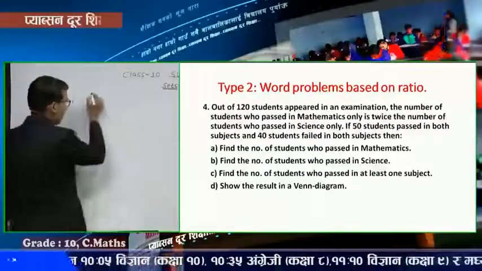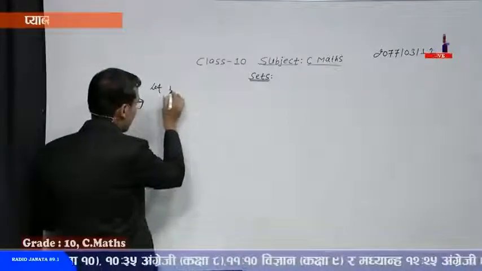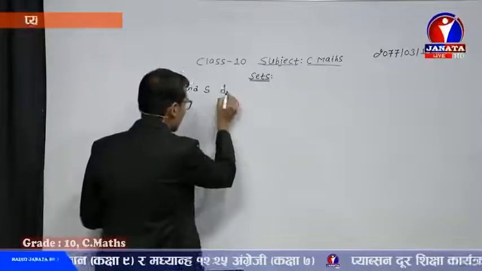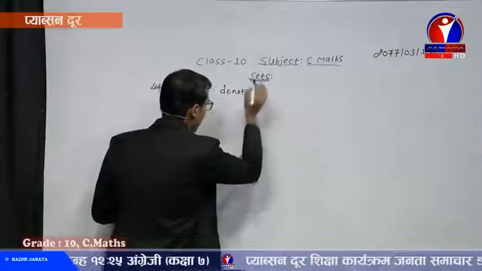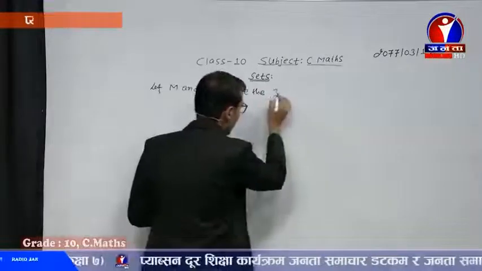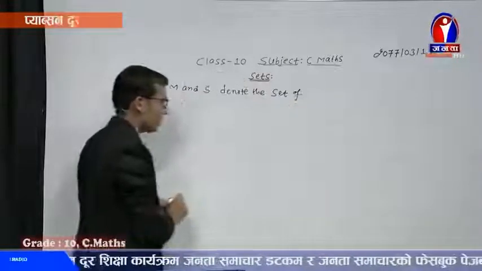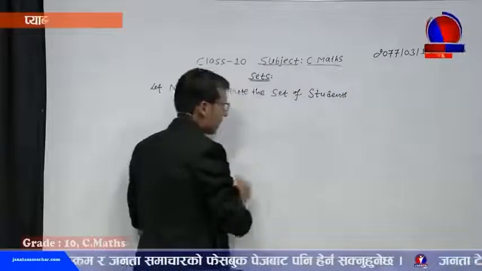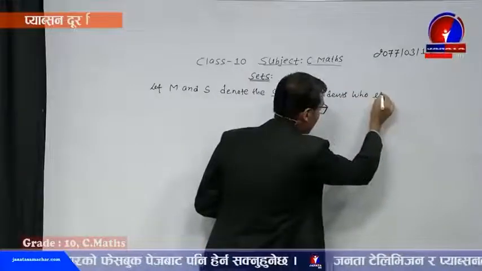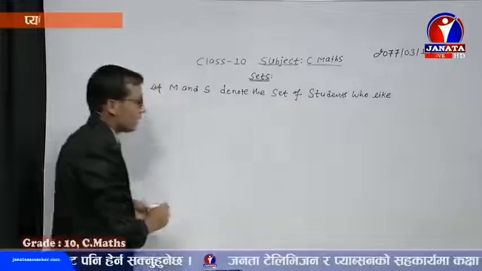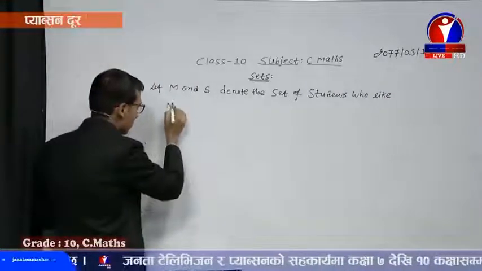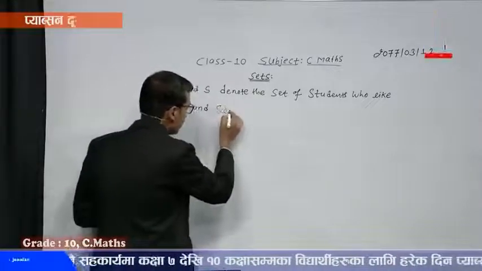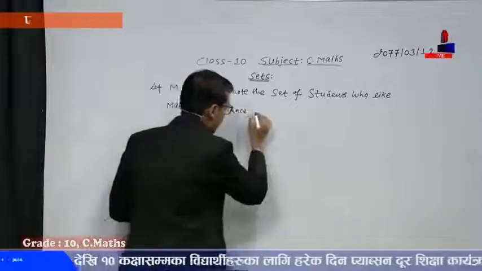So let's suppose, first of all, let M and S denote the set of students who like math and science respectively.